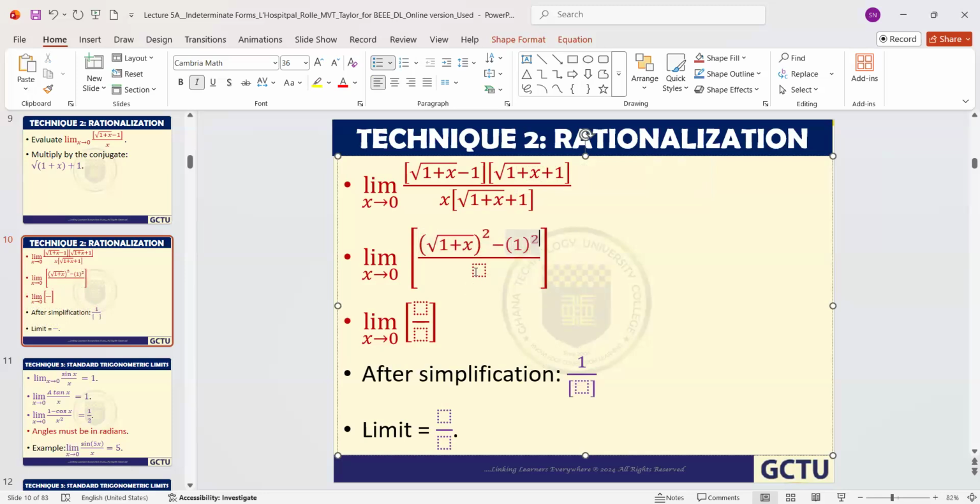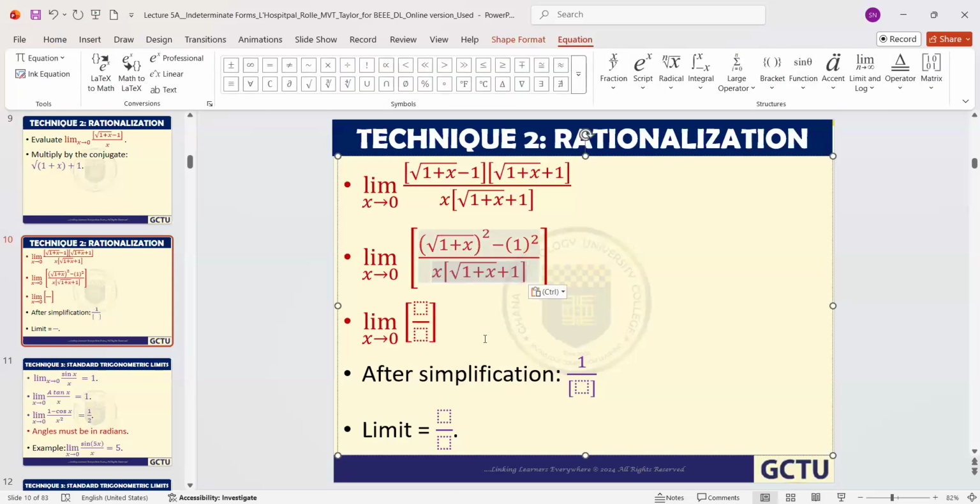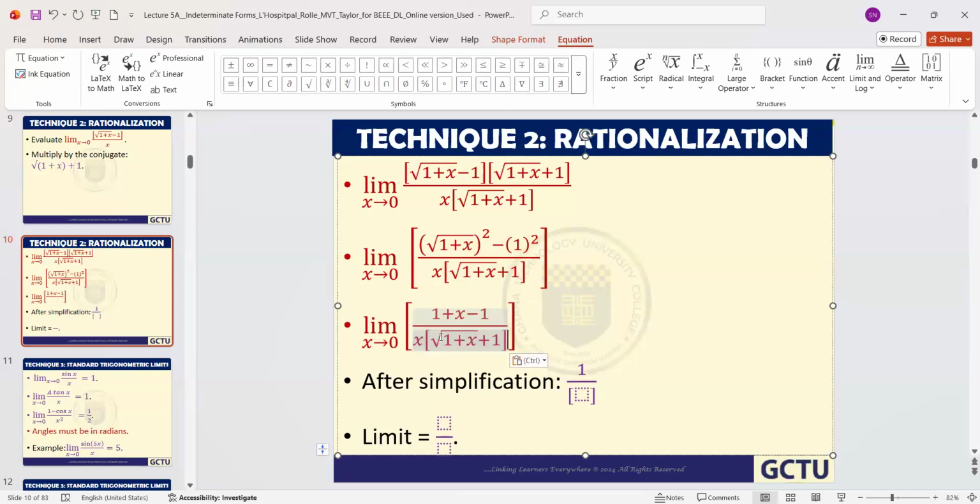Now, as for the denominator, it will remain the same as it is. There's nothing you can do about it. Now, if you solve the numerator, you realize that the square root sign will go away. Then we're left with 1 plus x, because this is supposed to be this times this. So you will have 1 plus x minus 1, and the denominator will remain the same.